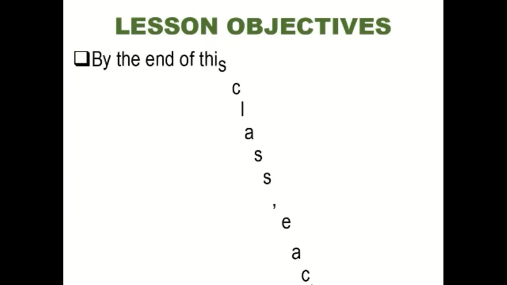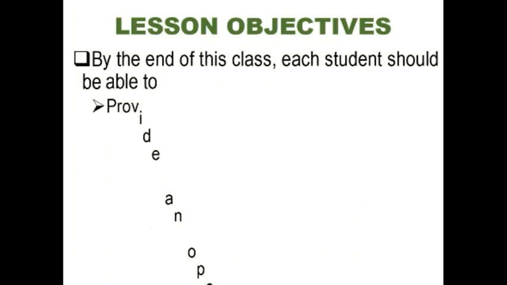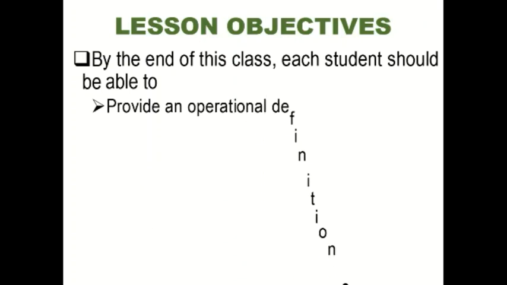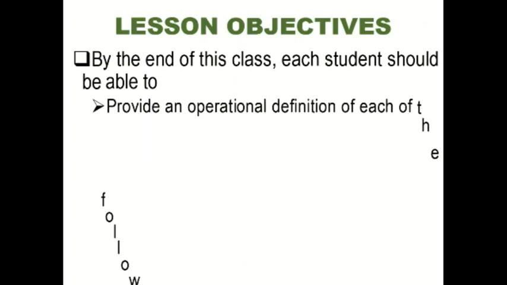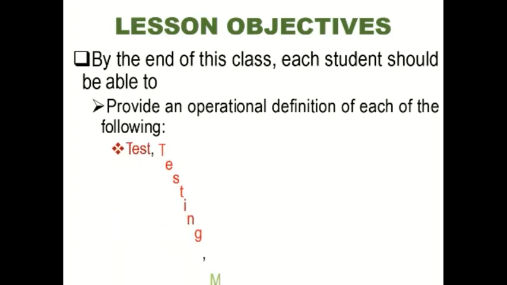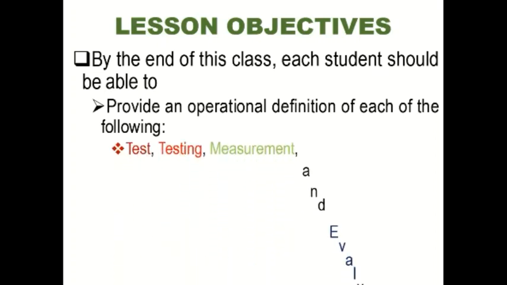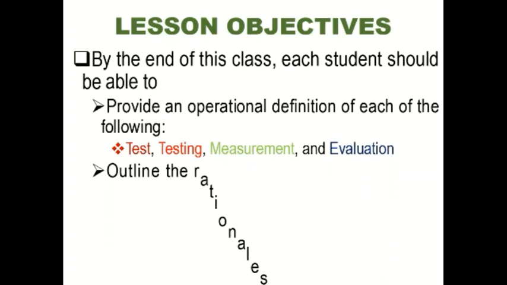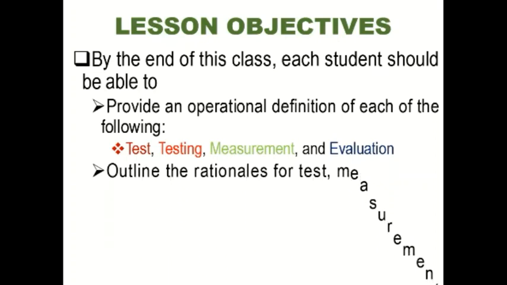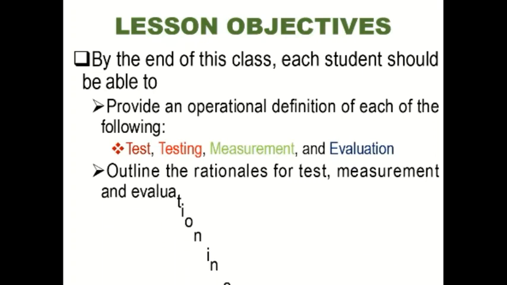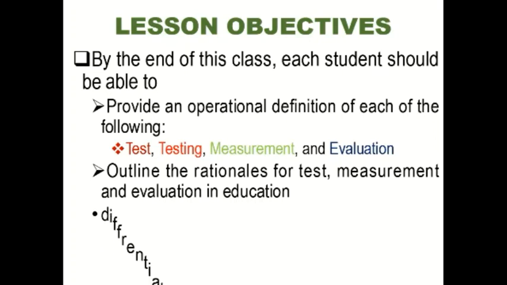What are the things that you should be able to do by the end of this particular class? You should be able to provide operational definition of each of the following terminologies: test, testing, measurement, and evaluation. You should be able to provide an outline of the rationales for test, measurement, and evaluation in education.